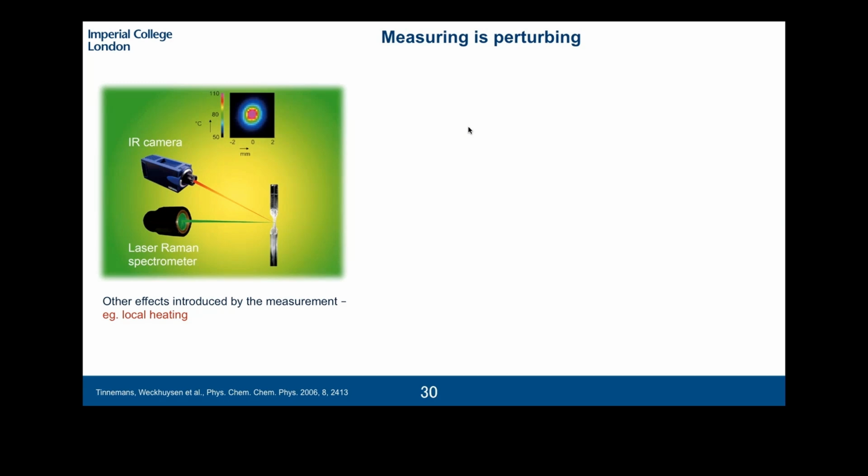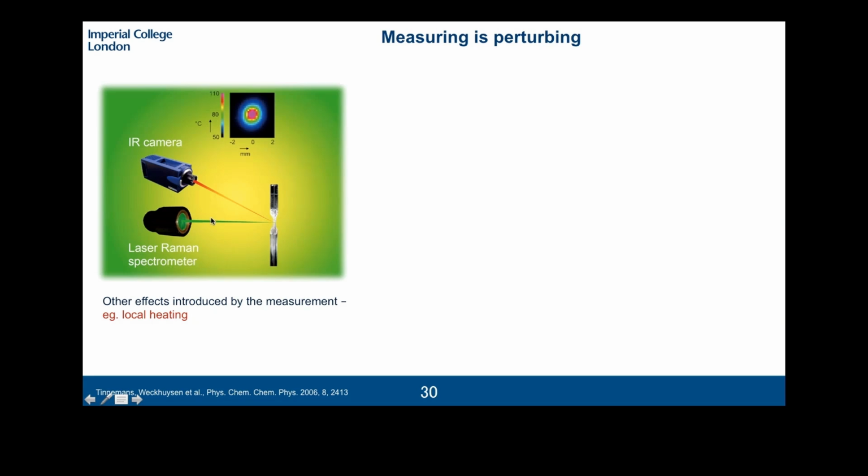You have an incident source of energy on the system, and one really needs to be careful and have control experiments in place to confirm that you're not having any influence of this incident radiation on the actual reaction that you're carrying out. So here's an example where you have a laser Raman spectrometer.